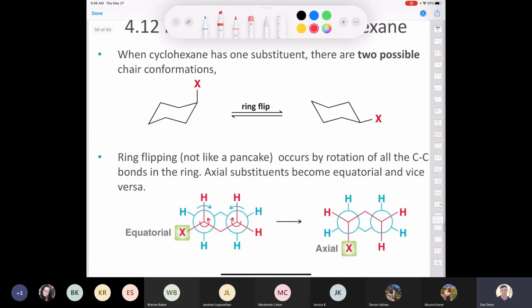If you have a substituent that is up and axial, and you flip the ring, which is not a pancake flip, you're actually rotating bonds. It's going to be up now, but it's going to be equatorial.